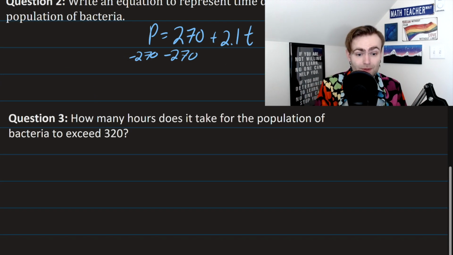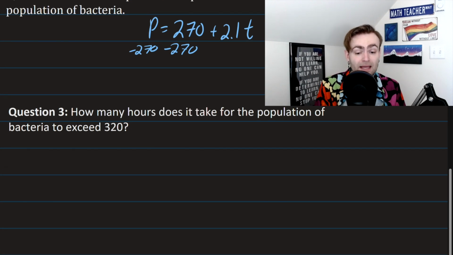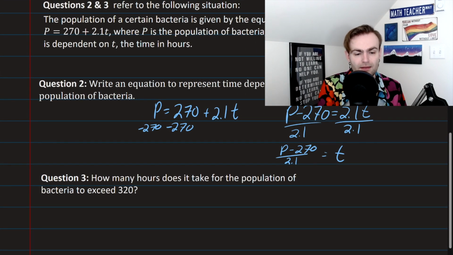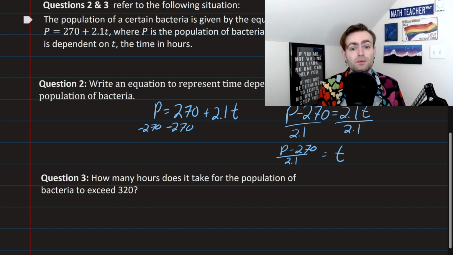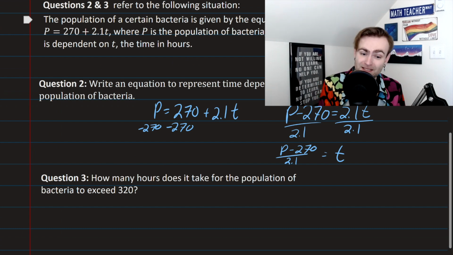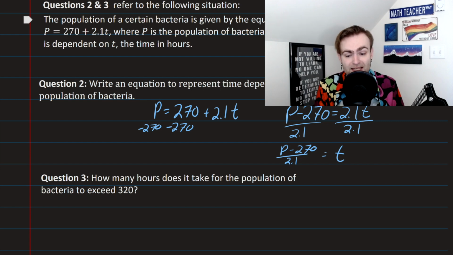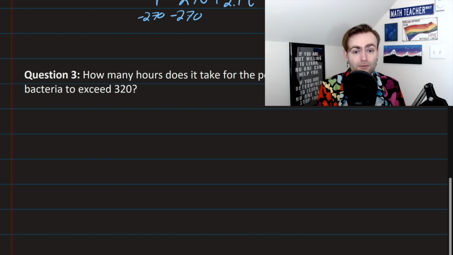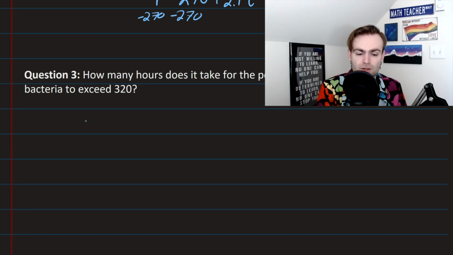Now we can actually use this. Question 3 asks us how many hours does it take for the population of bacteria to exceed 320? Well, it doesn't make sense to use the original formula because we would have to do all of the algebra that we already did in order to solve for t. So instead, we can use the already solved for t equation and then plug in 320 for the population.